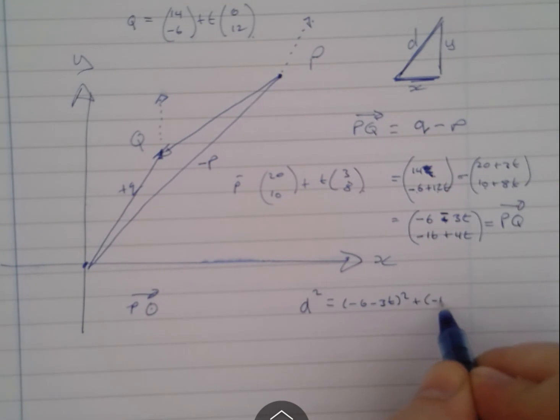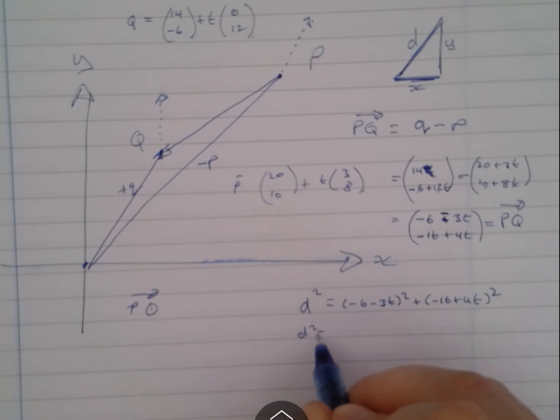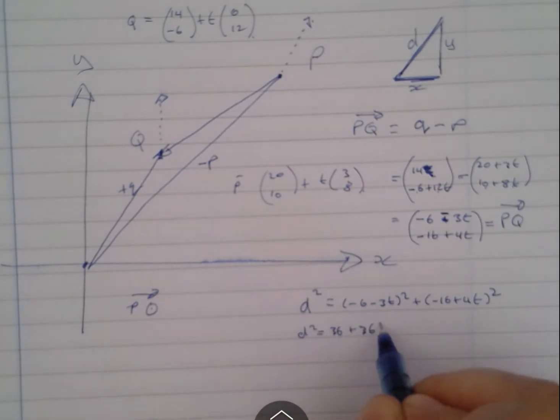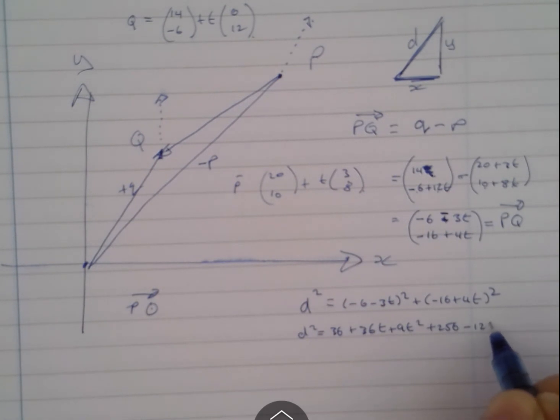squared plus minus 16 plus 4t squared, and if you square that all out you get 36 plus 36t plus 9t squared plus 256 minus 128t plus 16t squared.